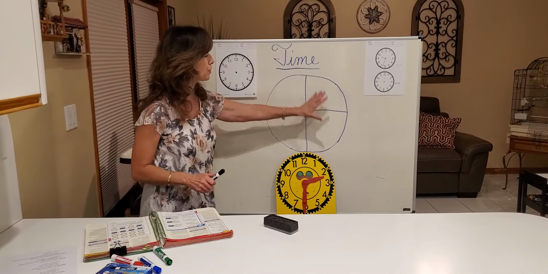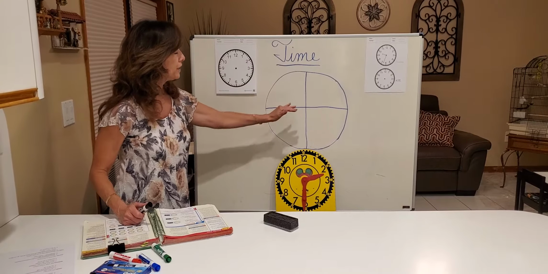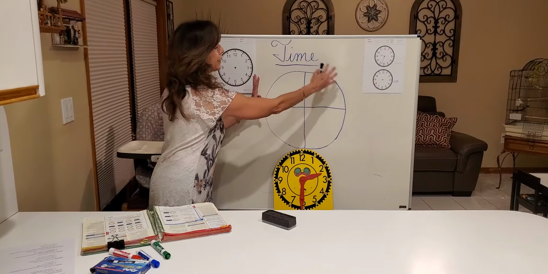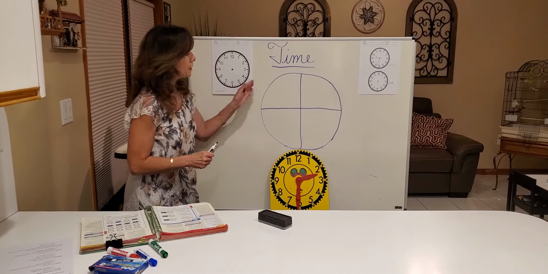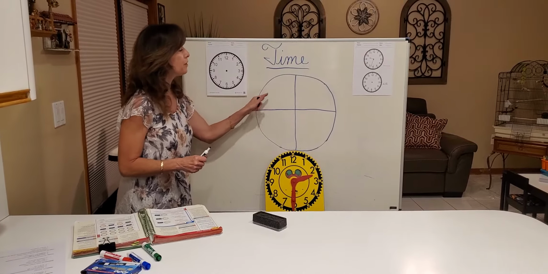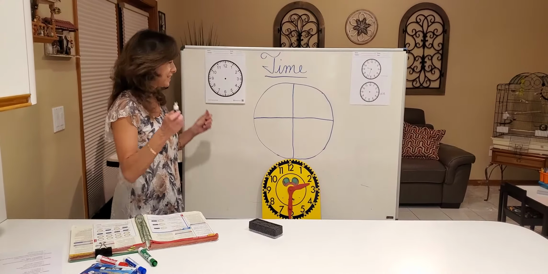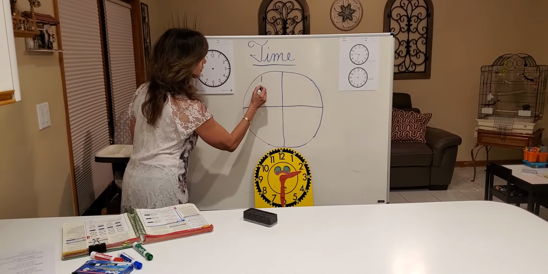So here you have a circle, and you know how when we learn fractions, we can divide a circle in even sections. So if you think of this as a whole, remember we learned that in fractions, then who can tell me the fraction of each of these pieces? Yes, I hear you guys saying 1/4, and you are correct.